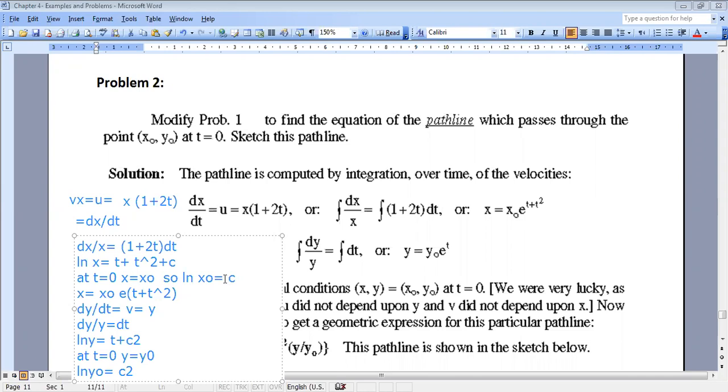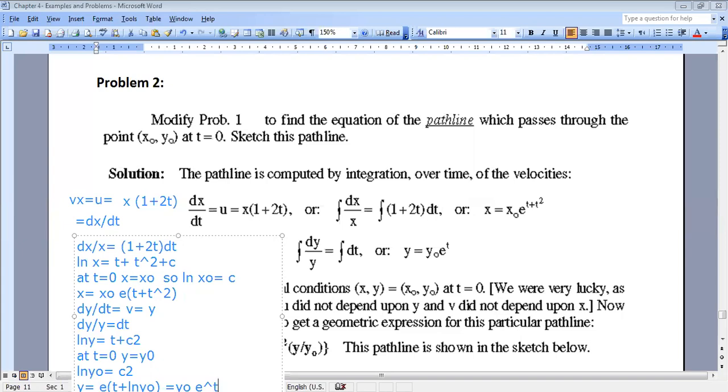Now replacing in the equation and taking the exponential, exponential of ln y, which is y, is equal to exponential of t times y0, because exponential of a plus b is exponential a times exponential b, and exponential of ln y0 is y0.